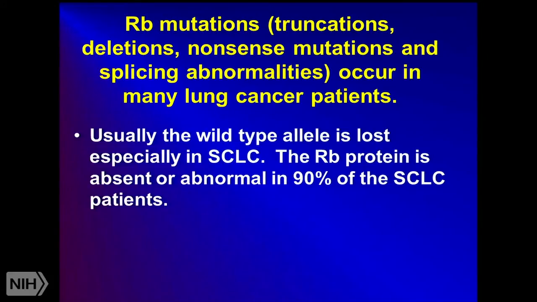For the retinoblastoma gene, there are mutations such as truncations, deletions, nonsense mutations, and splicing abnormalities that can occur in the lung cancer patients. Also, the wild type allele is frequently lost in small cell lung cancer, and subsequently the RB protein is pretty much inactivated in 90% of the small cell lung cancer patients.